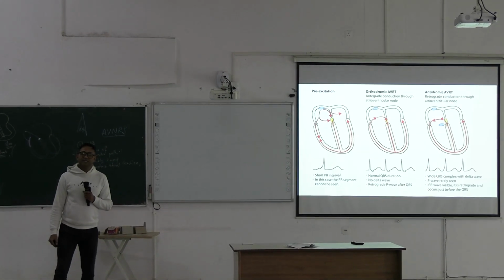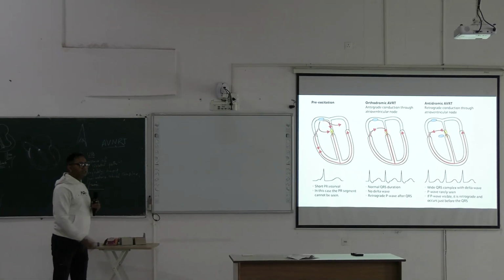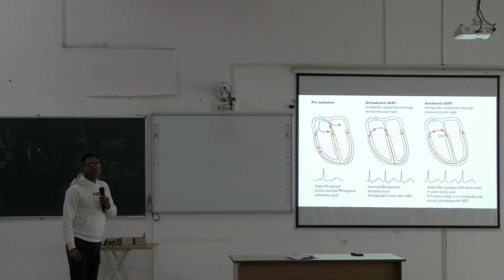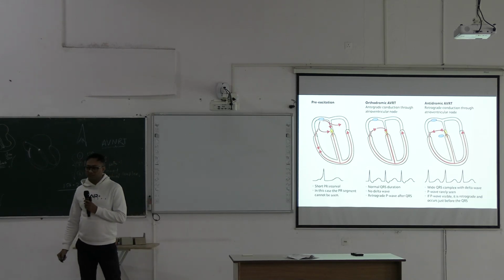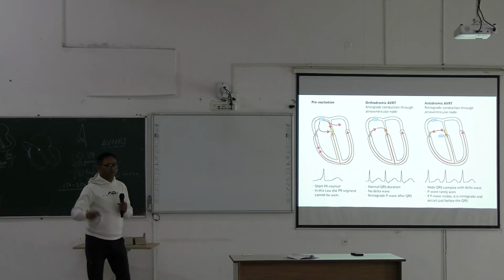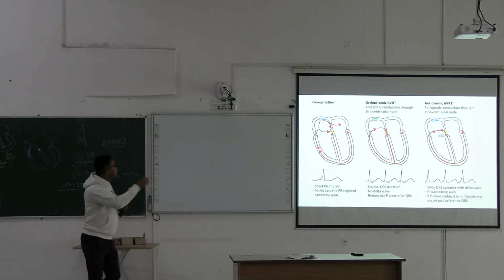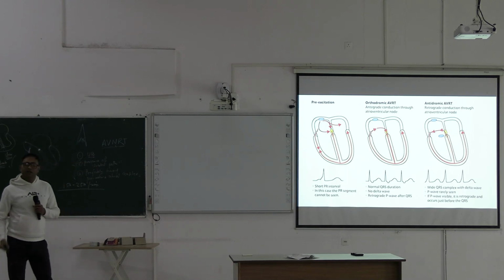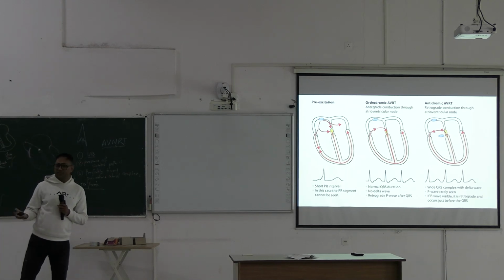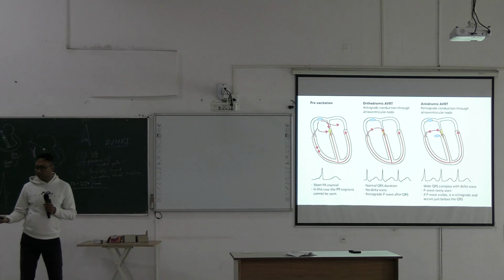It is called the Kent fibers, according to the name of the cardiologist, right? So this is Kent fiber which transmits signal from atria to ventricle without checking, bypassing AV node, right?